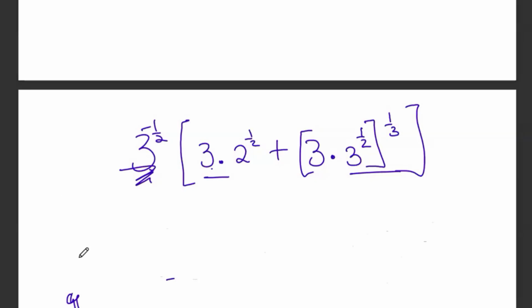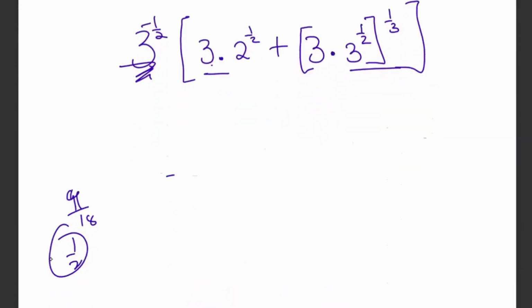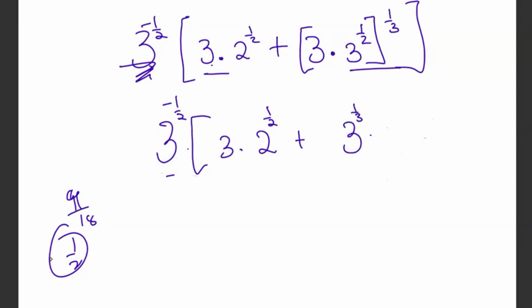Okay, perfect. Let me simplify what is inside there. 3 to the negative a half, 3 multiplied by 2.5, plus, that's going to be 3 to the 1 over 3, and then 3 to the 1 over 6. Let's open it up and see if we're going to get the answer that people are looking for.